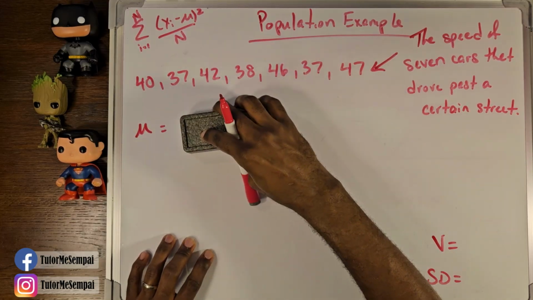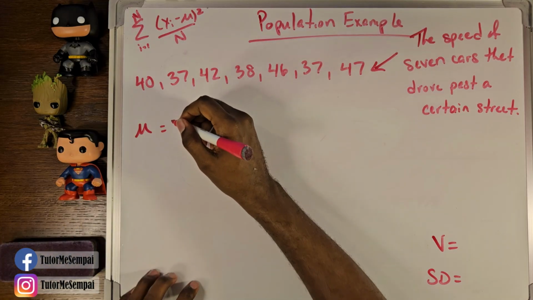Now that we know our population mean, let's plug everything into our formula and see what we get for our population variance.